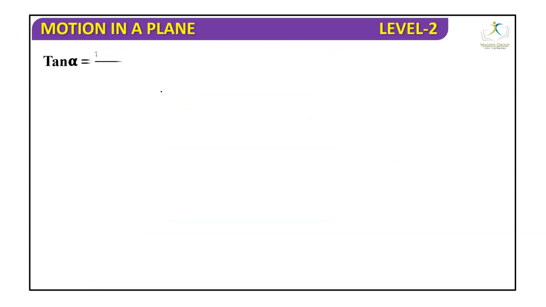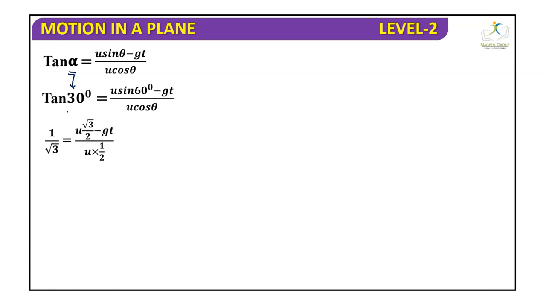So tan alpha, we know the formula, is (u sin theta minus gt) divided by u cos theta. After putting the values of alpha and theta, we get tan 30, which is 1 by root 3, equals (u times sin 60, root 3 by 2, minus gt) divided by (u cos 60, 1 by 2).